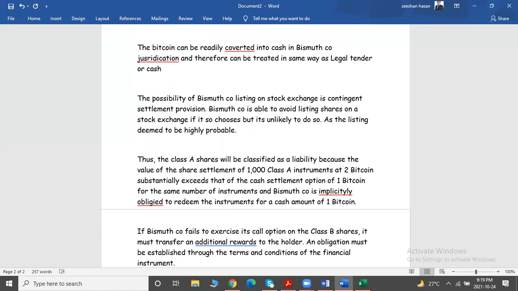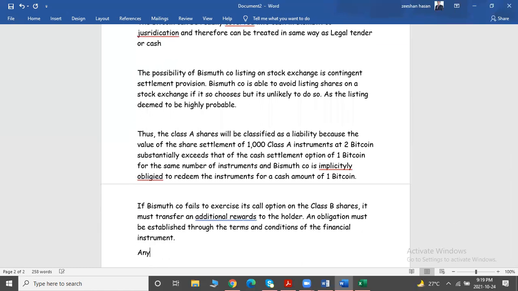Anything outside the contractual terms is not relevant to the classification process according to IAS 32.